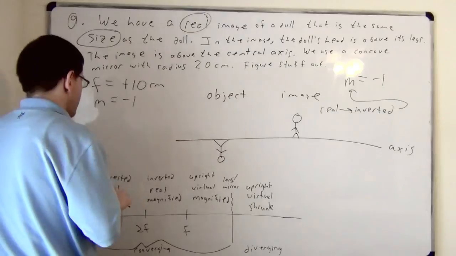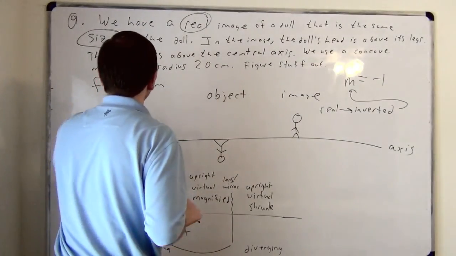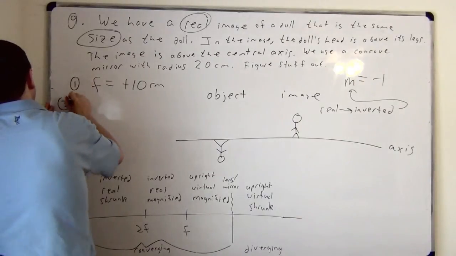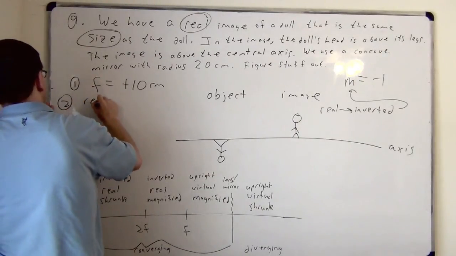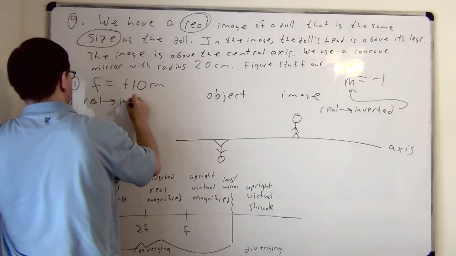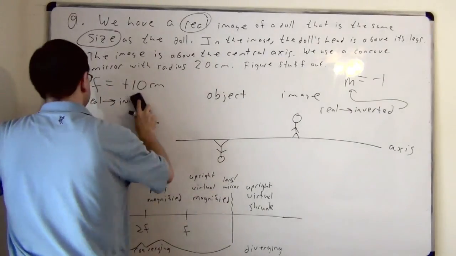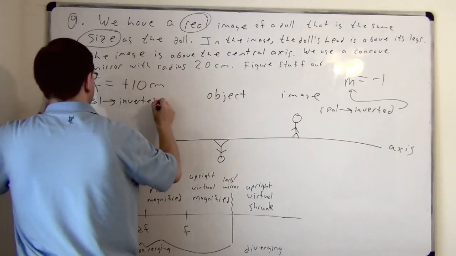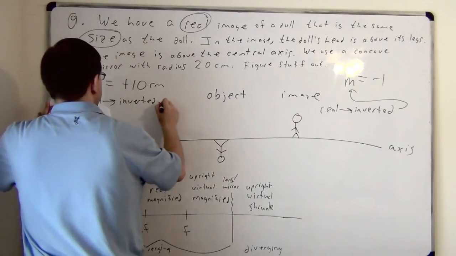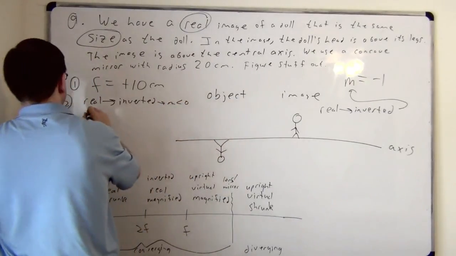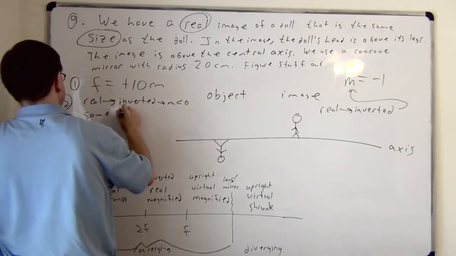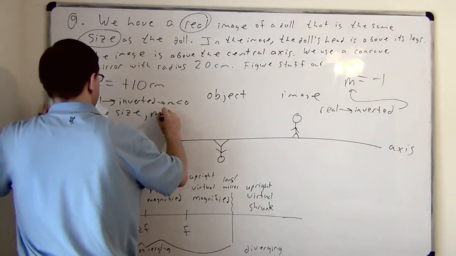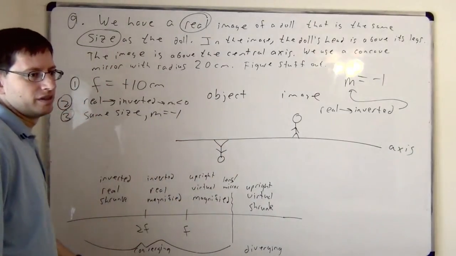Okay, so you might want to put this in your notes because it's a little disorganized the way we did it. First we figured out this, then we knew that because it's real, it must be inverted, which means m is negative, and because it's the same size, I guess this would be step 3, that means m is negative 1.